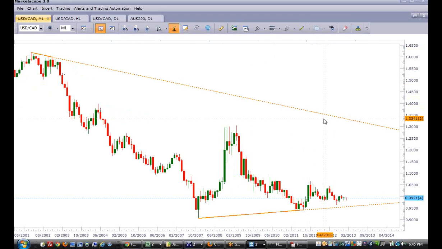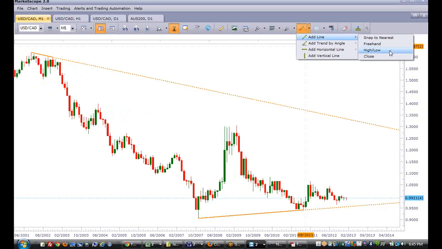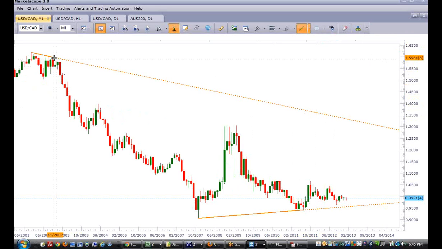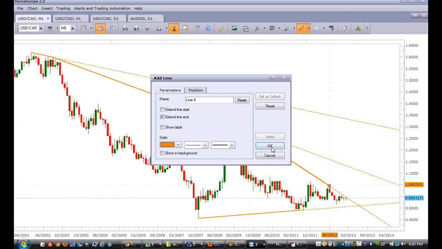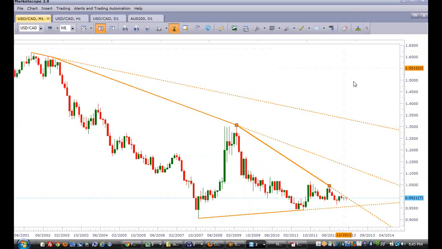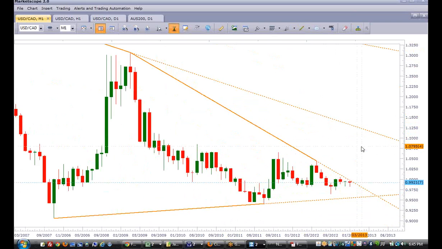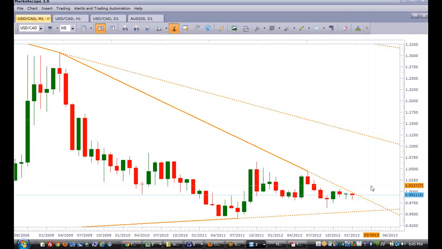I'll minimize that so we can see the chart a little clearer. So this will be our secondary downtrend line. And this will be our tertiary downtrend line right here as well. So on the monthly it's on the downtrend overall, and it's just touching this tertiary downtrend line right here.